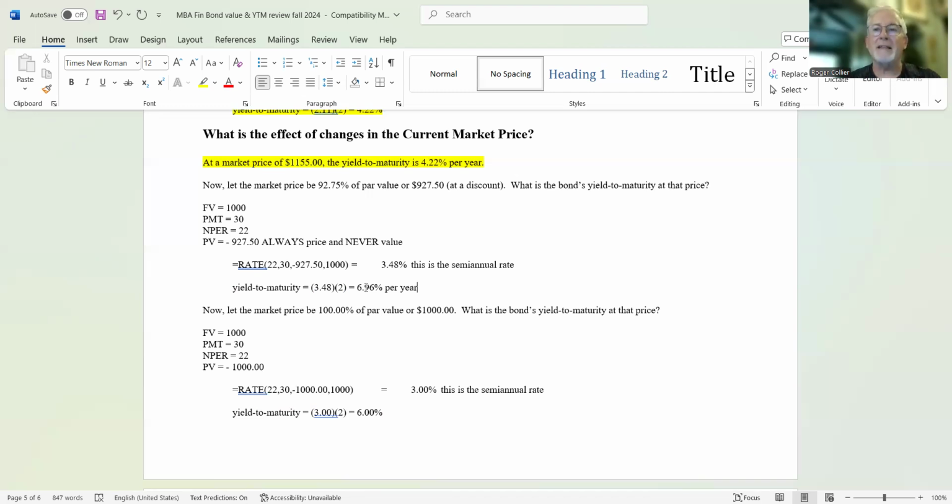And it just makes sense that the more you pay, the less your return will be. Yeah, the dollar amounts are the same, but you had to pay more to get them. If the price goes down, your return is higher. Same series of payments, but you got them for less.